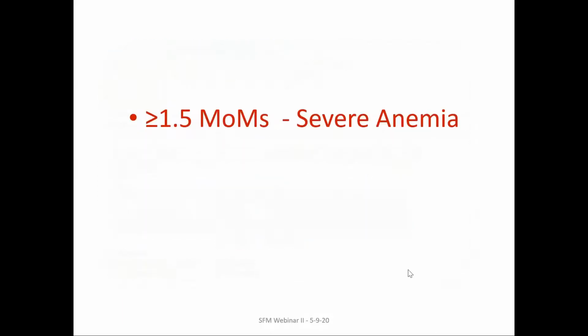Now remember, any MoM value that is more than 1.5 would tell you that this baby is severely anemic, specifically before you transfuse this particular baby. Now, God forbid, if you do not have access to any of these calculators or ultrasound reporting software, there is a rule of thumb that you can follow.